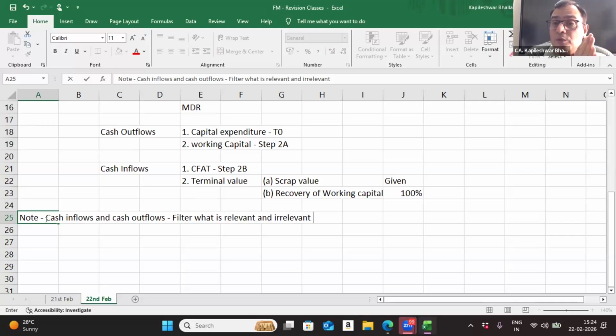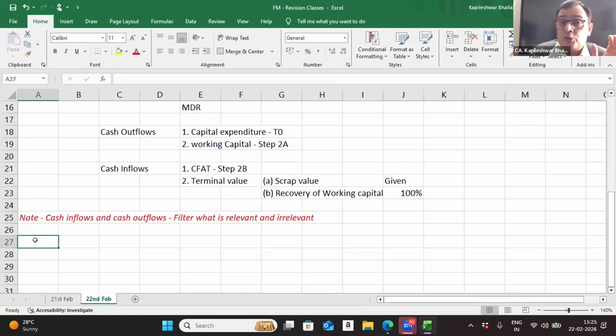When do you decide relevant and irrelevant? You need to put a very simple question. If you accept a project, you will incur that cost, otherwise not. That means it is relevant. Now, if whether you accept the project or you don't accept the project, you will incur the cost irrespective, then it becomes irrelevant in nature. So as we read the data, you also need to filter what is relevant inflow and outflow and what is irrelevant.